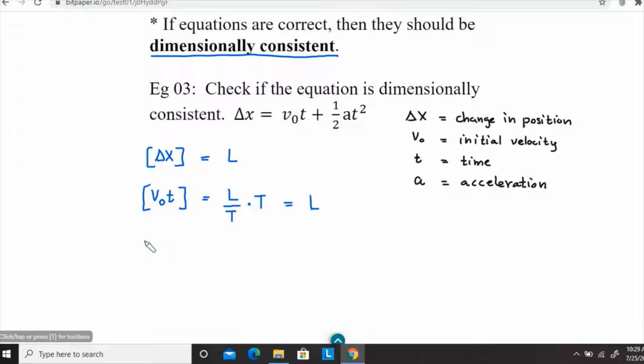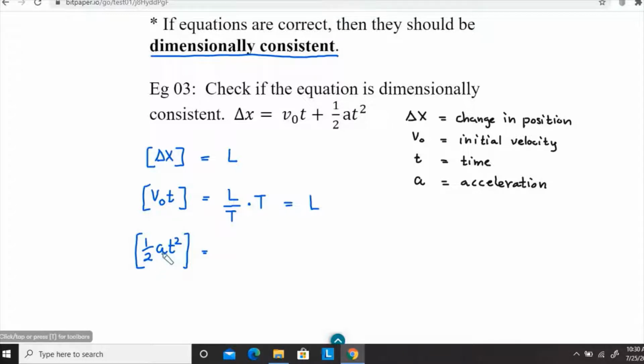Now I'm going to consider the third term, 1/2 a t squared, the dimensions of this entire term. Now, the dimension of a constant like 1/2 is 0. There are no dimensions for a constant, so we basically ignore that term.